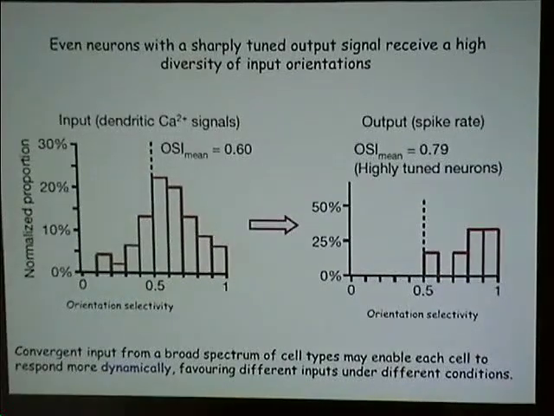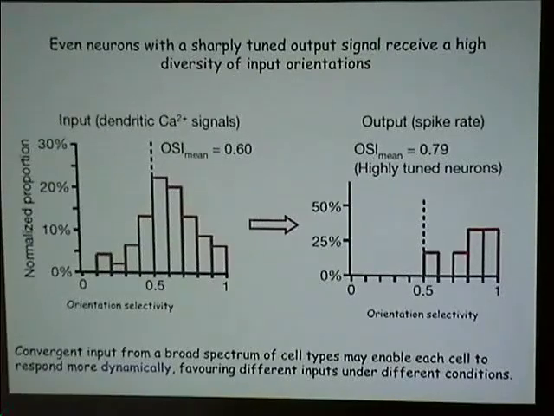So this suggests that we should not disregard that there may be quite sophisticated computational mechanisms at the postsynaptic stage or in the local circuit of the hippocampus, which contribute to the selectivity of the place cells.